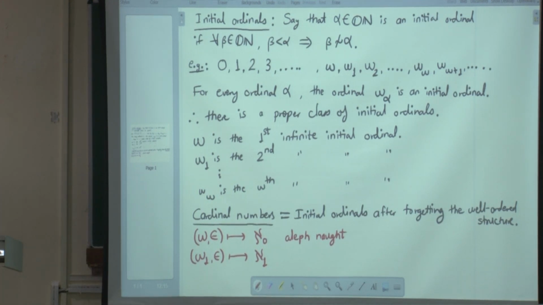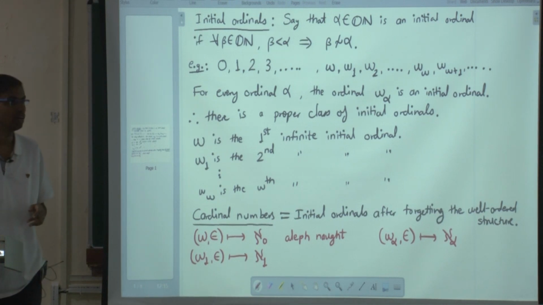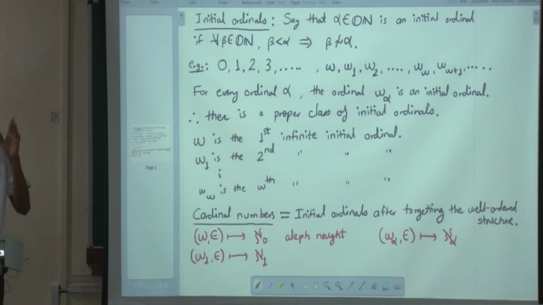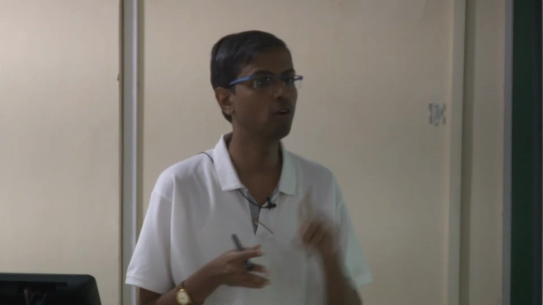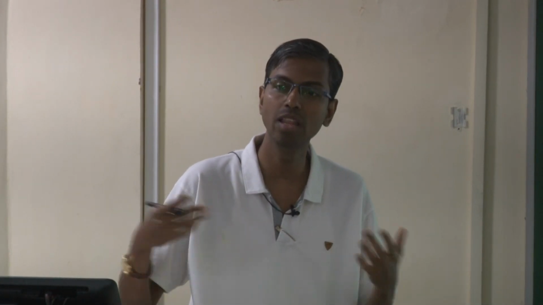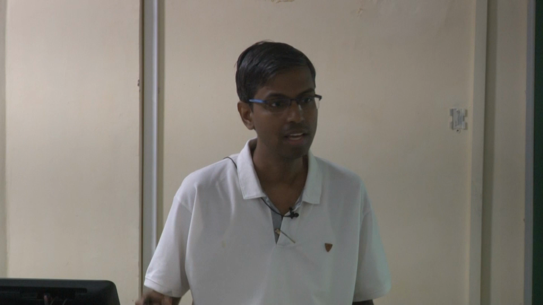So in general I have omega sub alpha, so that will be called an ordinal number, I will call it aleph alpha. So all the infinite cardinal numbers are denoted by aleph naught, aleph 1, aleph 2, aleph omega plus 1, in general aleph sub alpha for every ordinal alpha. That is my collection of cardinal numbers.